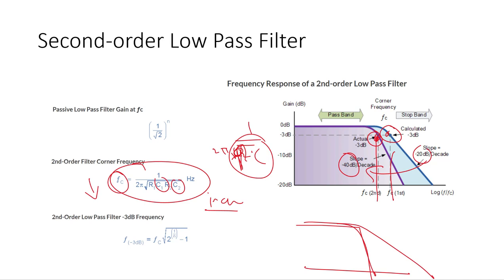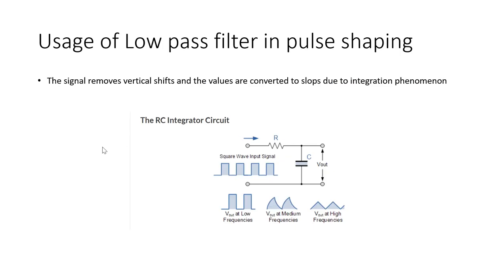We use filters in pulse shaping. If we have such inputs, let's say a very steep increase in the voltage, and we pass it through a resistor, what will happen? This resistor will make it a bit linear, and if we pass it through a capacitor, what will happen? It will integrate these things.